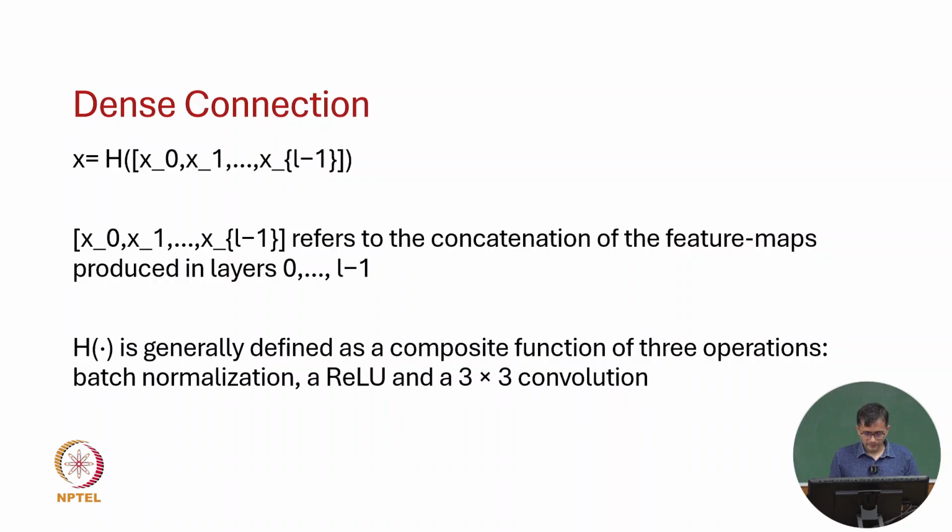Given x0, x1, up to x(l-1), the concatenation of the feature maps produced in layers 0, 1, up to l-1, all of these are passed as input to H. H generally would be a composite function of batch normalization, ReLU, and let's say 3x3 convolution. Of course, this can be done in different ways.